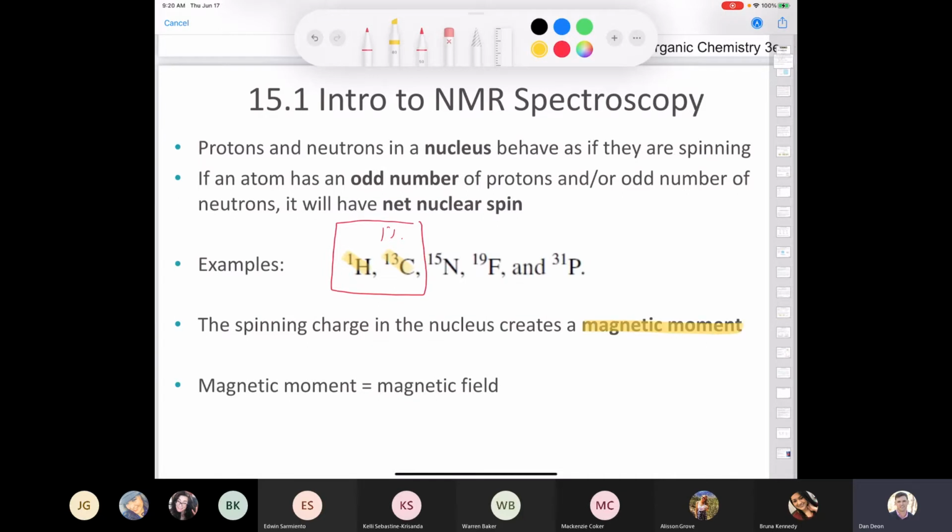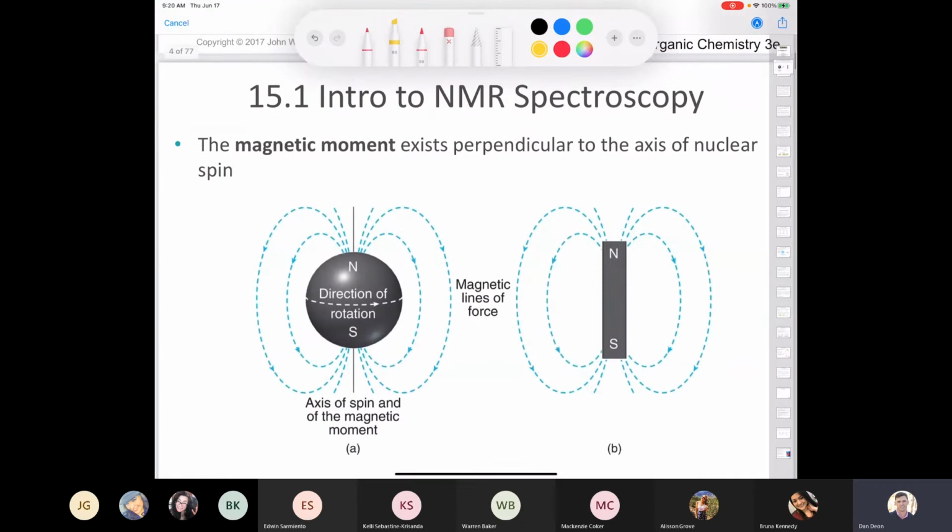So again, what have we got? We've got a nucleus that's spinning around. So here's our nucleus right here. Again, we're imagining it spinning like a top, and when it spins around and around on this axis, it makes this little magnetic field, just like a bar magnet does.